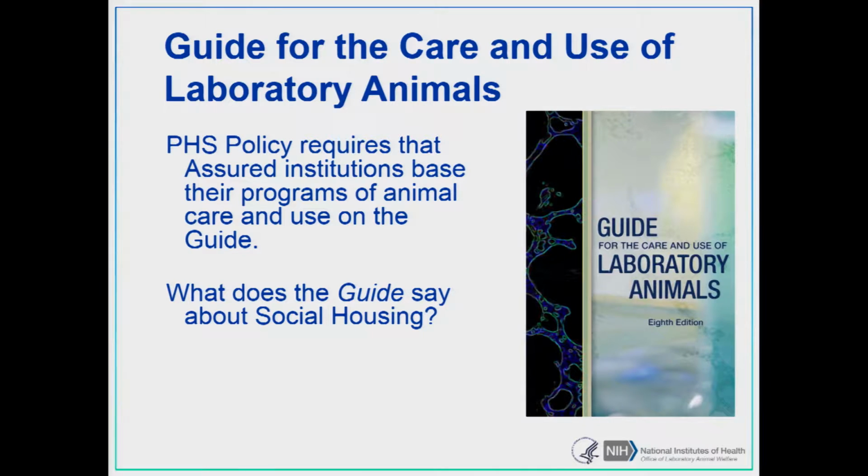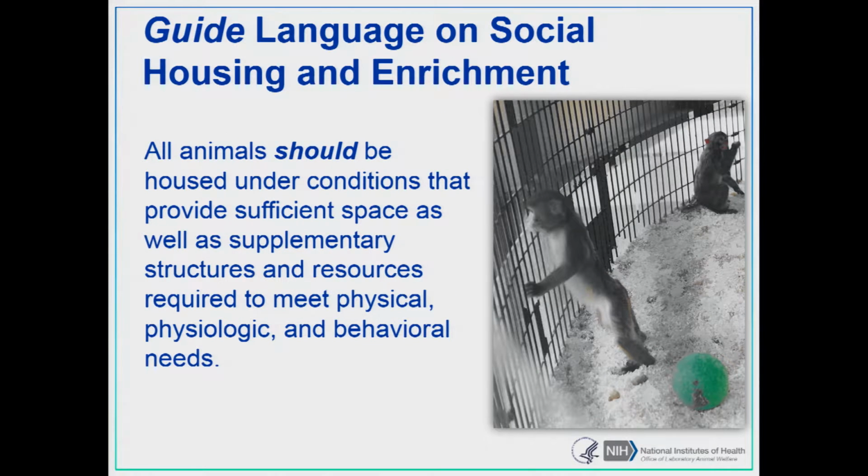So now I'm going to focus on what the Guide says about social housing. A lot of it is very similar to what we have heard in the regulations, with a few special exceptions and a few more details, especially for the species that are not regulated by the Animal Welfare Act.